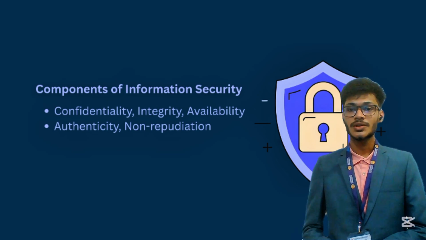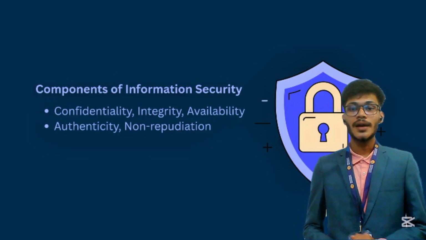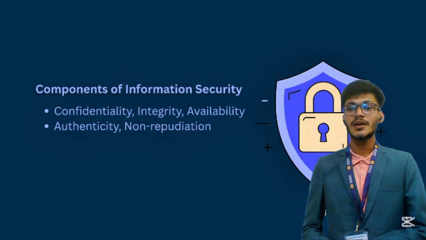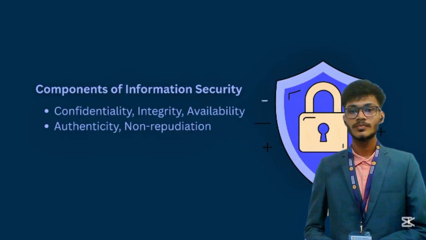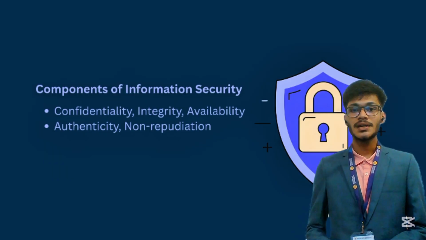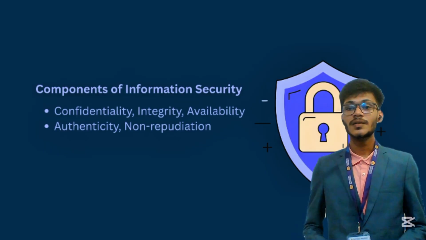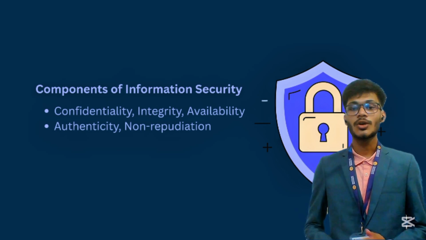Integrity makes sure data cannot be tampered with. Availability ensures that services are up when needed. In addition, authenticity verifies identity and non-repudiation ensures accountability. If even one of these pillars fails, the entire security system collapses.